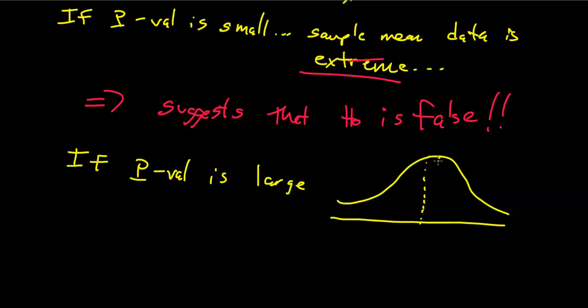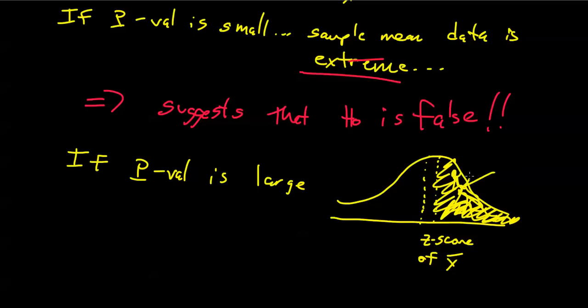If your p-value is large, that means the tail area determined by the z-score of your sample data is going to be relatively big. I mean, that's your p-value. Your p-value is your tail area determined by the z-score of your sample data. If the tail area is large, that means this z-score is not pushed off into extreme ranges.